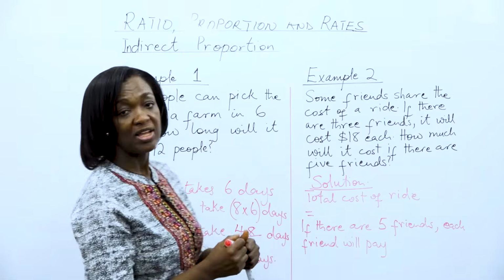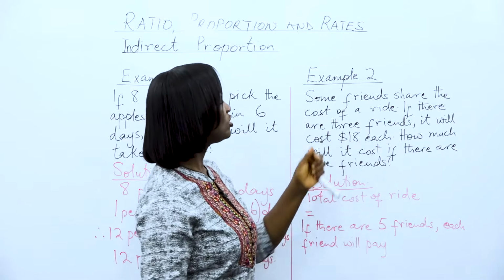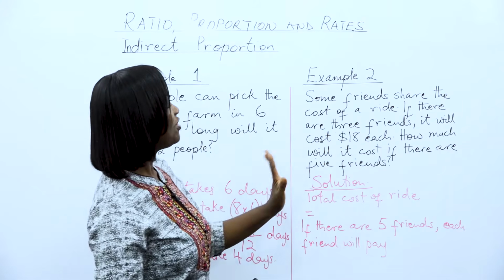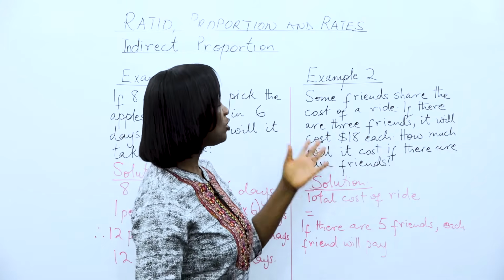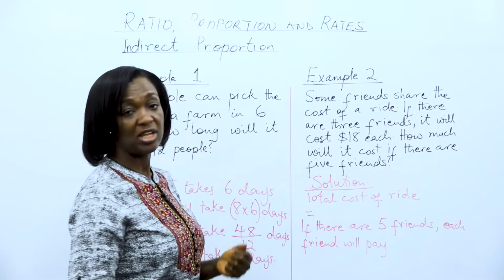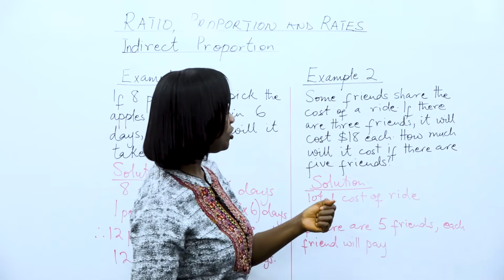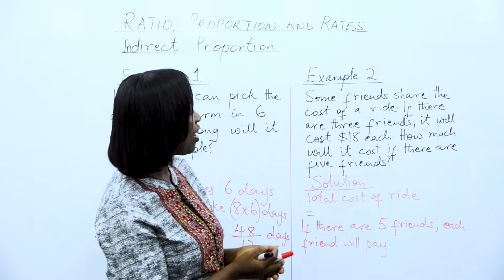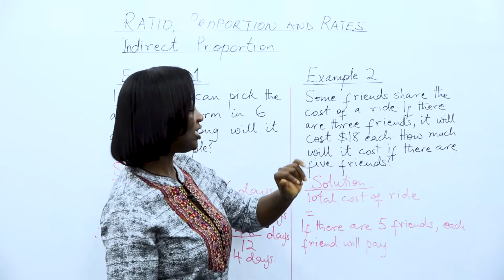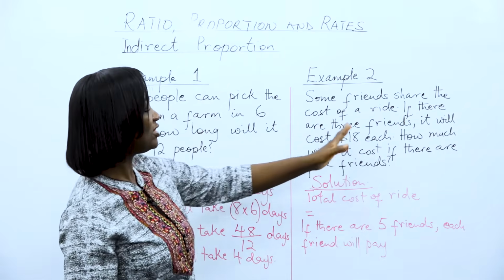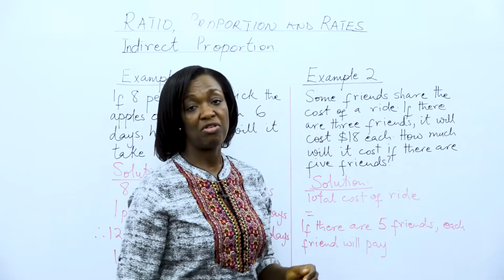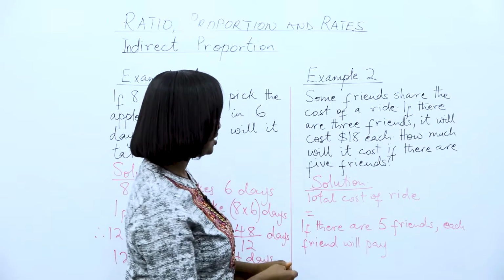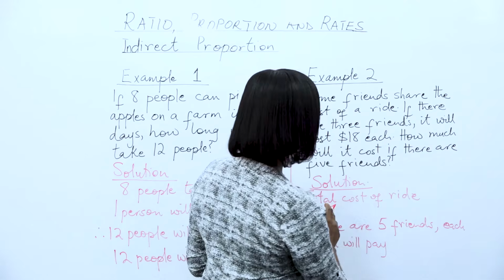The next example says, some friends share the cost of a ride. If there are 3 friends, it will cost $18 each. How much will it cost if there are 5 friends? So the total cost of the ride will be $18 times the number of friends. And there are 3. So $18 times 3 is the total cost.